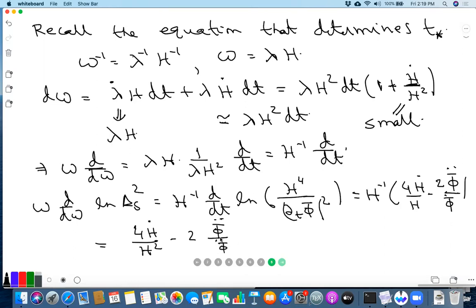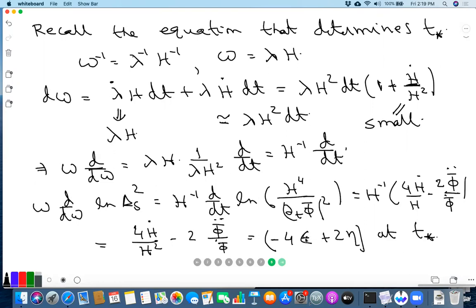And now you recognize that this quantity h dot over h square we called the slow roll parameter minus epsilon. So this is minus 4 epsilon. And this quantity we call the slow roll parameter minus eta. So plus 2 eta. So this is a combination at horizon crossing at T star that gives the spectral index.